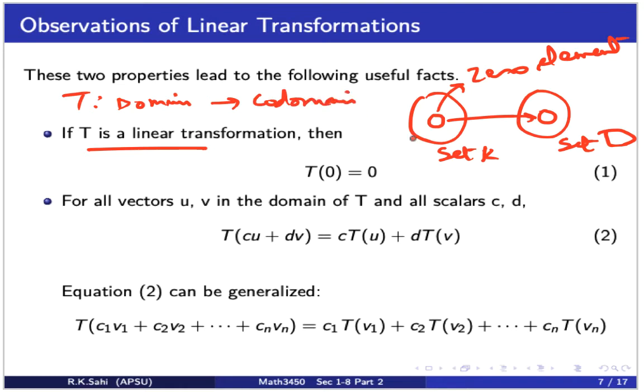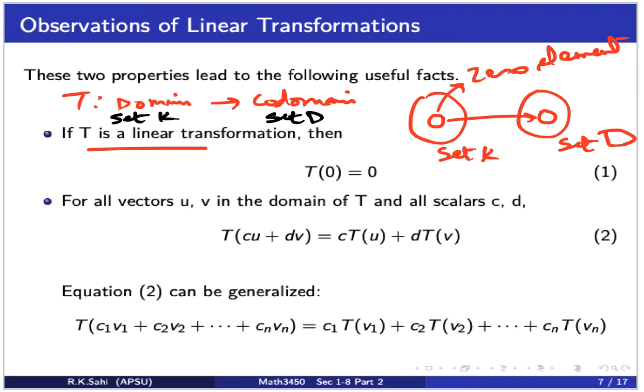So I'm calling the domain the set K. Transformations are always from one set to another, with a rule in between. And the codomain here can be, say, set D.